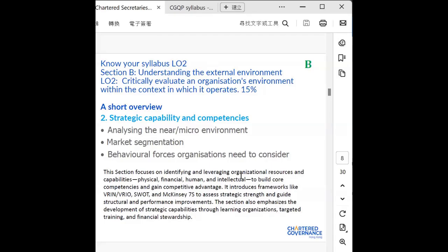So in short, this section is essential for you to make decisions in relation to the development of strategies. So a company must continuously monitor the external trends and cultivate the distinctive competency so that the company can innovate and adapt and thrive in the uncertain market.